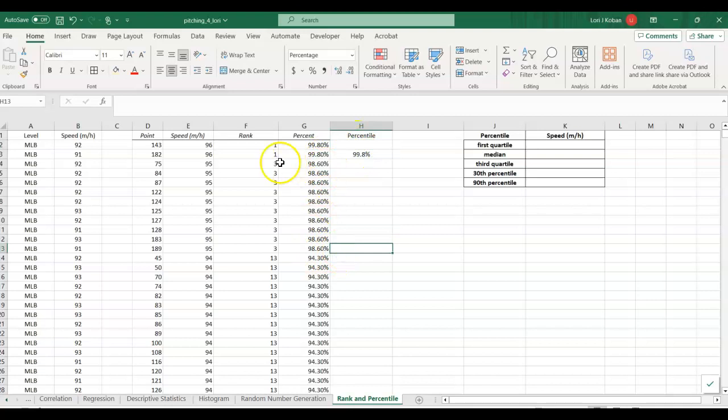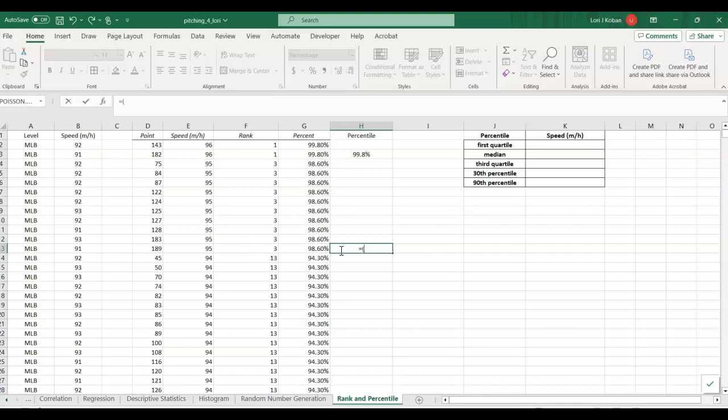Let's come down here. Next, we have all of these points, and all of these points are bigger than what is left. 1, 2, 3, 4, 5, 6, 7, 8, 9, 10, 11, 12. So this is bigger than all but 12 data points.